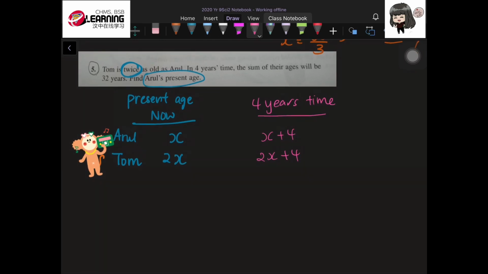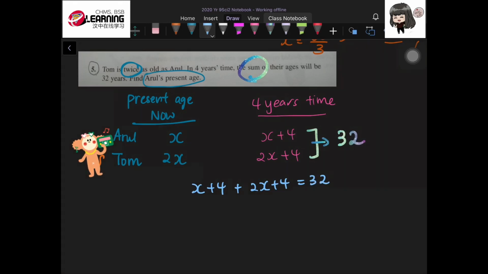So in 4 years' time, the sum of their ages, when you add both ages, the total is 32. So here we can write in algebraic form, X plus 4, plus Tom's age, 2X plus 4, equals 32.